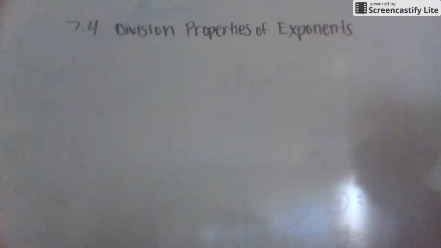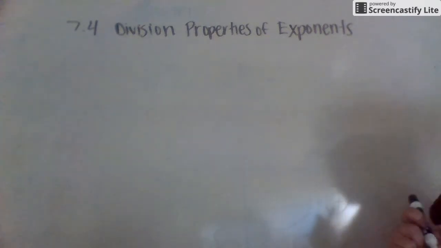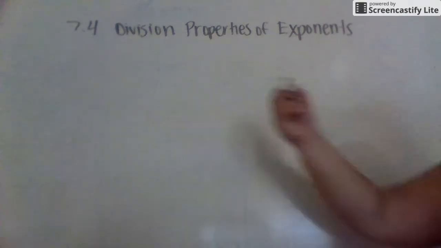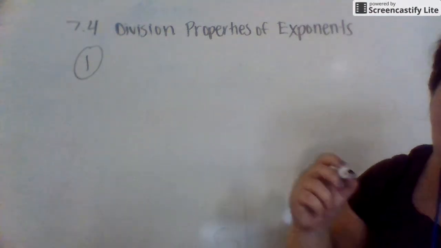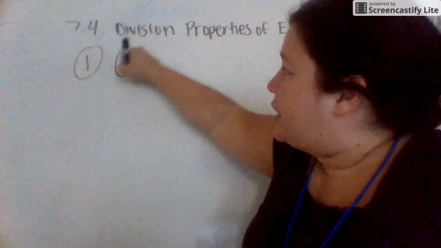Okay, so the first thing, there are three properties again. The first one is called the quotient of powers property.